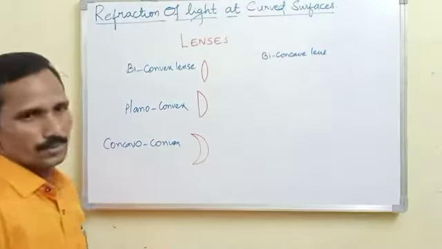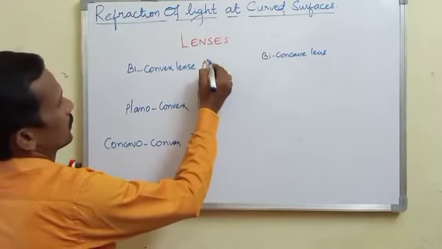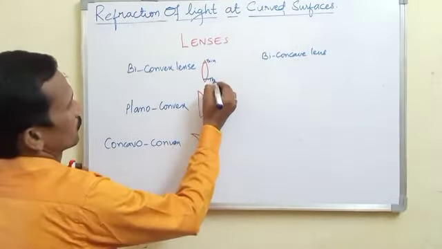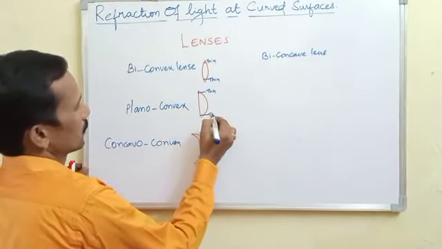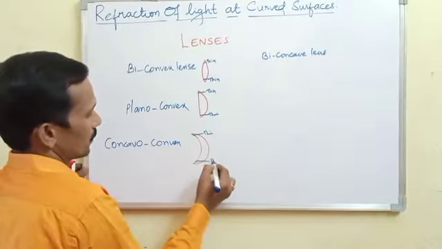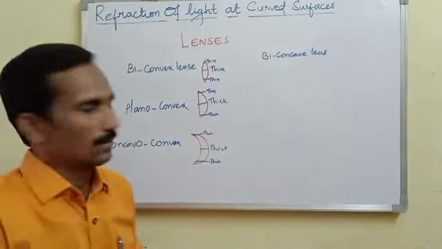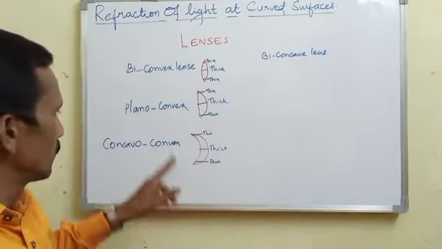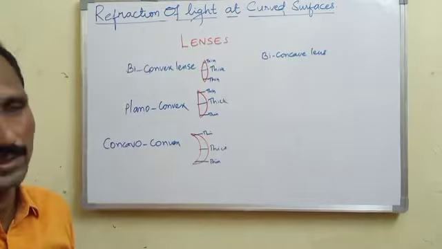So it is a concavo convex lens. How is this? The edges are thin, here the edge is thin. The converging lenses are the biconvex lens, plano convex lens, and concavo convex lens.